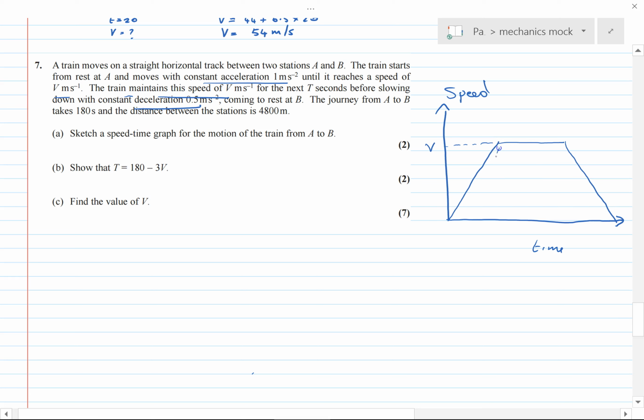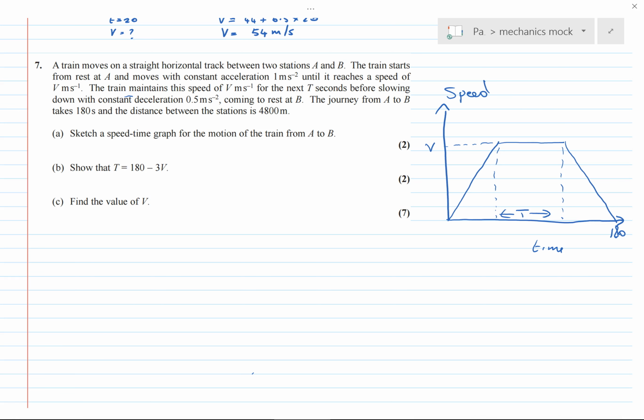But we're told certain things about this. We're told that the length from here to here is t, because that's the time it's going at constant velocity. We're told that it's got a total of 180 seconds. So that's our speed time graph.